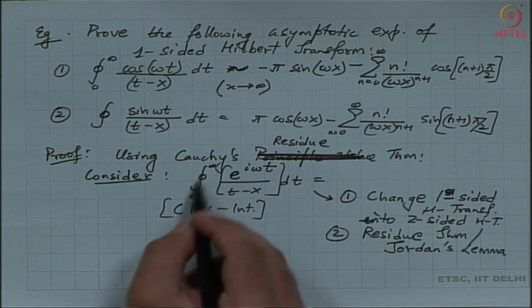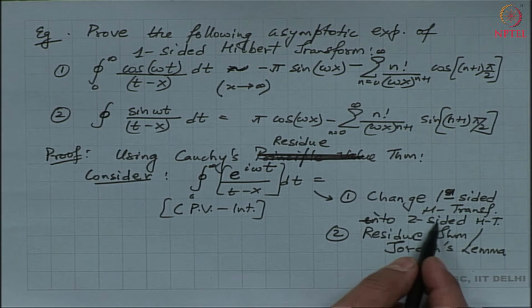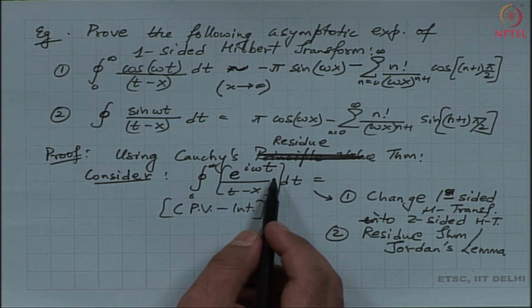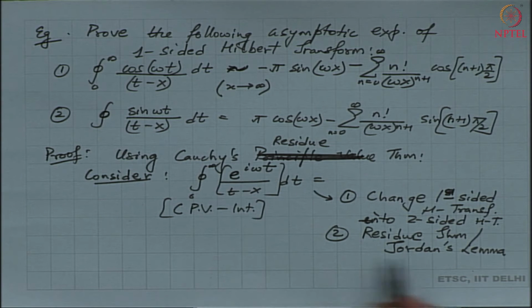Okay. As I have shown you in some previous examples, this particular integral on the real axis is going to change into a contour integral, which will be evaluated using the residue theorem. The contour integral has two parts: one is this real integral and the other is on the curved part, but on the curved part that integral will vanish using Jordan's lemma.